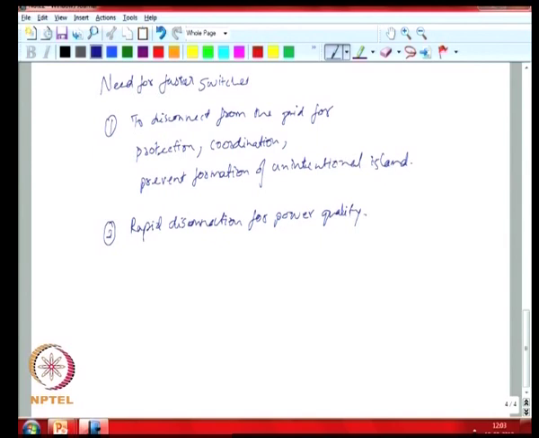So, if you can rapidly disconnect from the grid, it means that the duration of poor power quality seen by the load can be reduced by a faster switch.